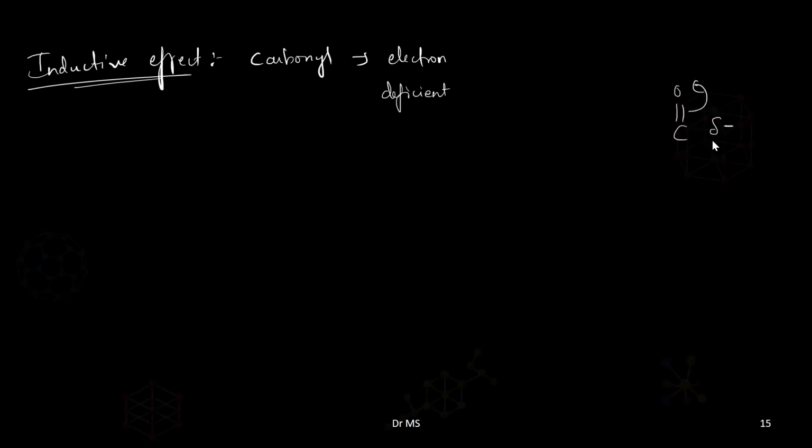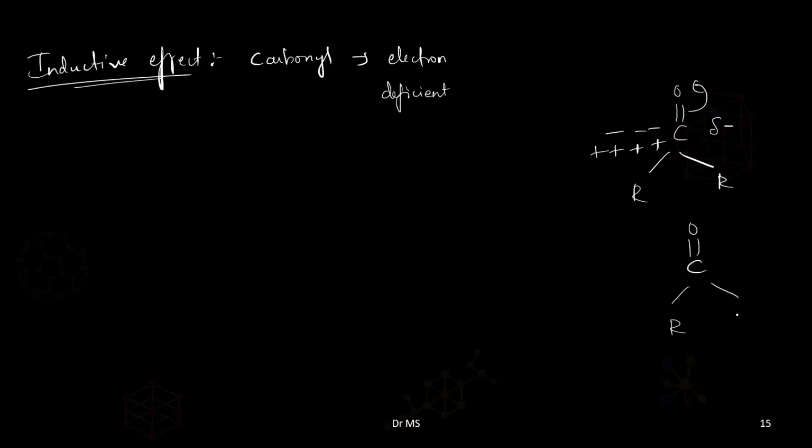But due to the presence of alkyl groups, the electron density on this carbon is increasing. If it is only one alkyl group, the electron density is only slightly increased. But if it is two alkyl groups, the electron density is much more increased. So the negative charge will be more in the ketones compared to the aldehydes.